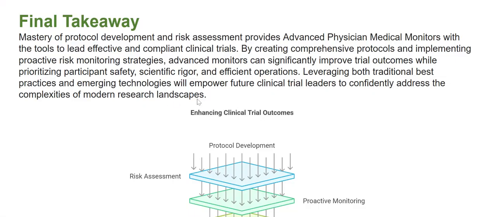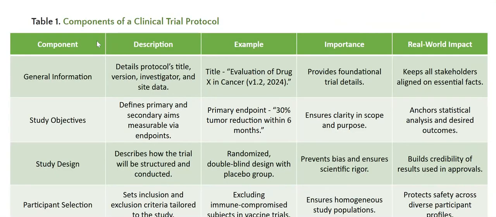modern risk landscapes. And here's a diagram on enhancing clinical trial outcomes: protocol development, risk assessment, proactive monitoring, trial outcome improvement, ending up with enhanced trial leadership. Summary tables: upcoming tables summarize what we have covered through this lecture. This table is on components of a clinical trial protocol: component, description, example, importance, real-world impact.